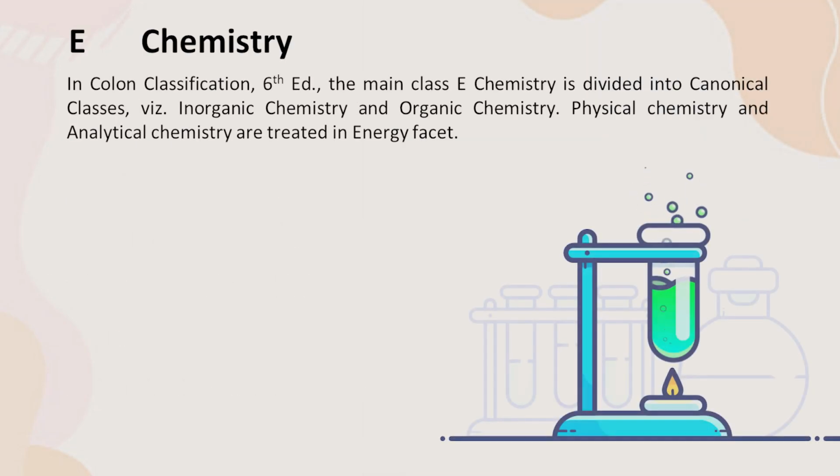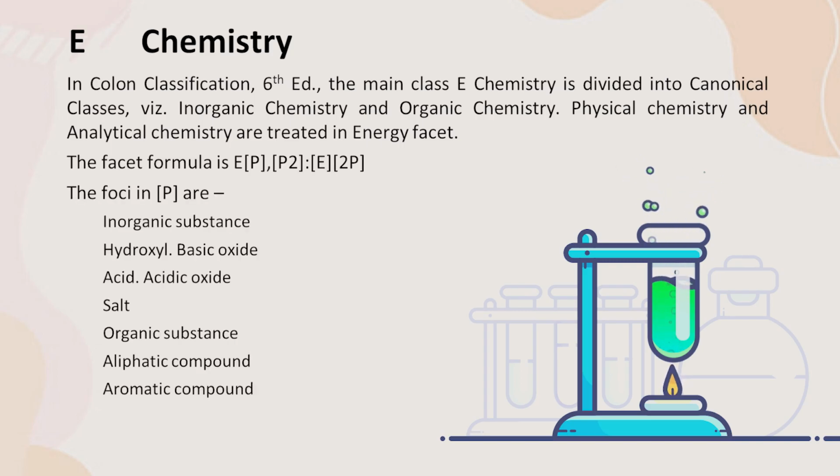Let us now move on to the main class chemistry. In Colon Classification 6th edition, the main class E chemistry is divided into canonical classes such as inorganic chemistry and organic chemistry. Physical chemistry and analytical chemistry are treated in the energy facet.